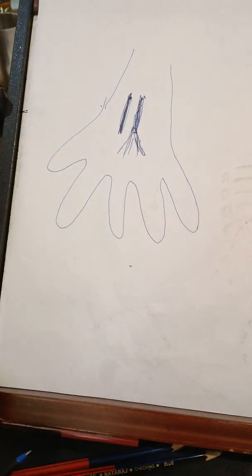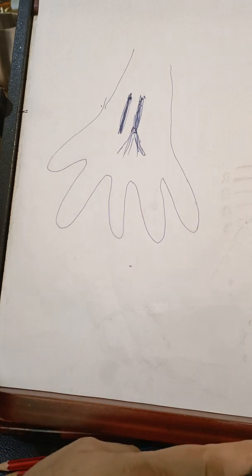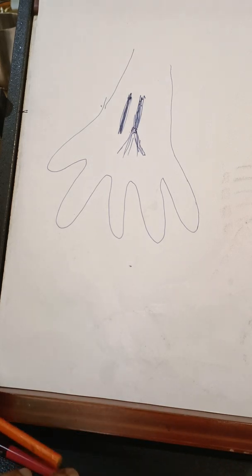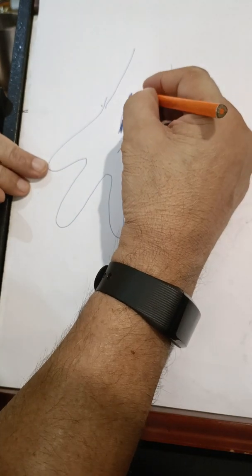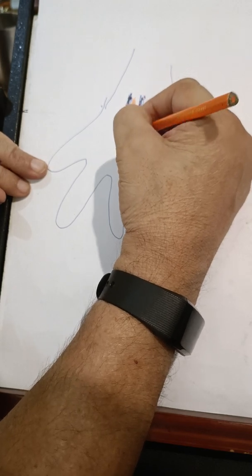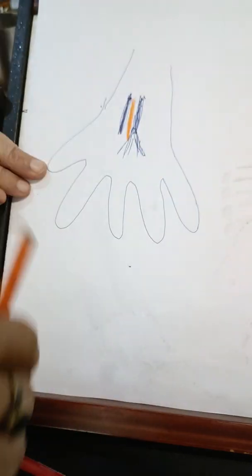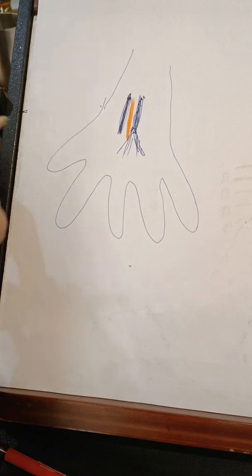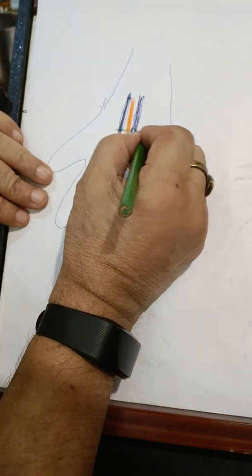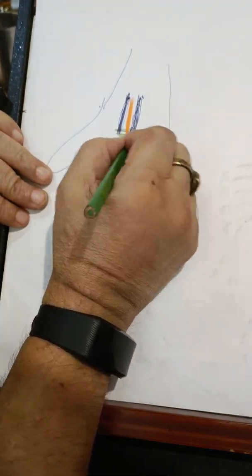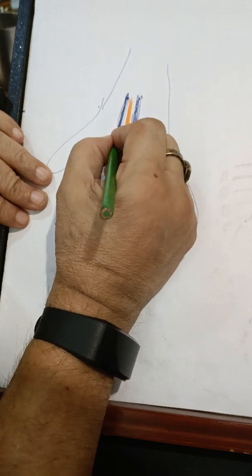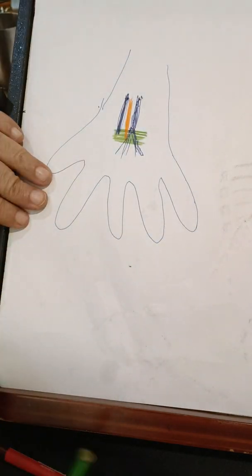The nerve is coming between these two tendons and passing under the flexor retinaculum, which is the carpal tunnel.